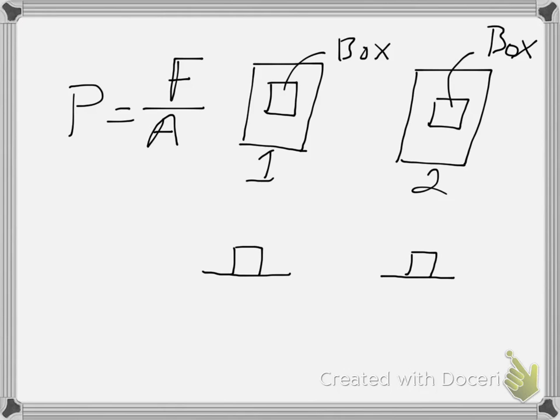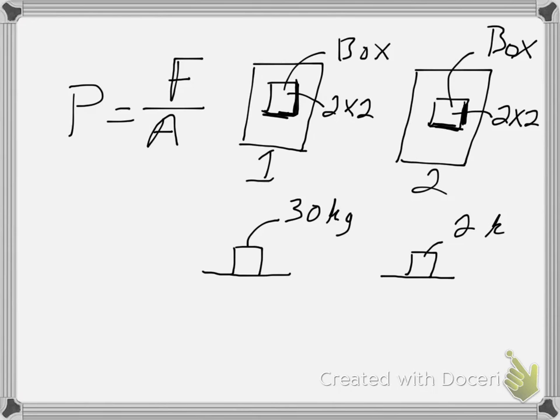Let's say each box is 2 by 2 in dimension. So it'll be 2 units this way and 2 units this way. We don't really care what the units are, but let's imagine that this box is 30 kilograms, and this box is only 2 kilograms.